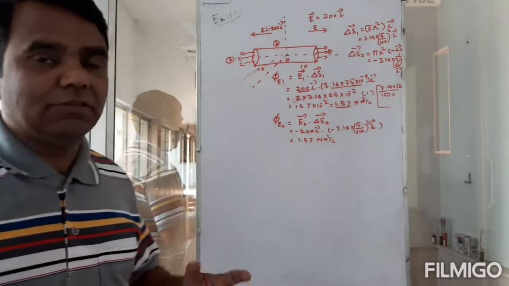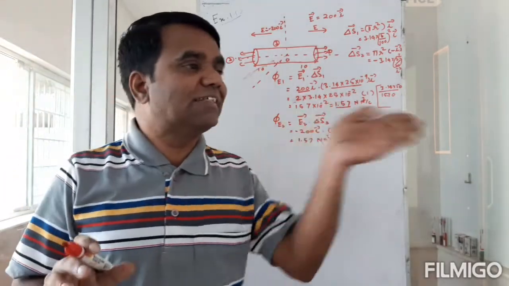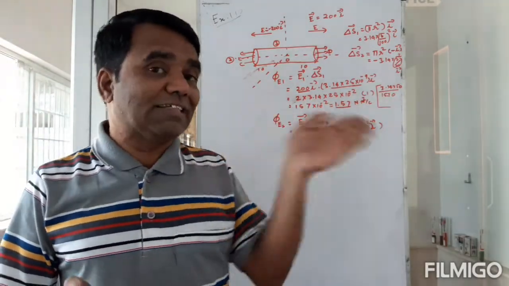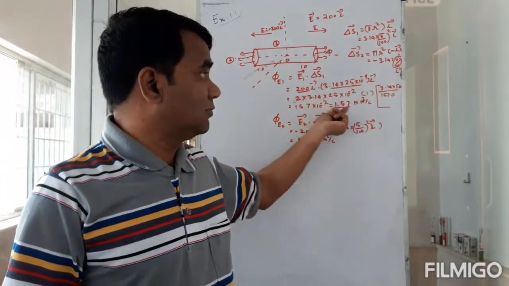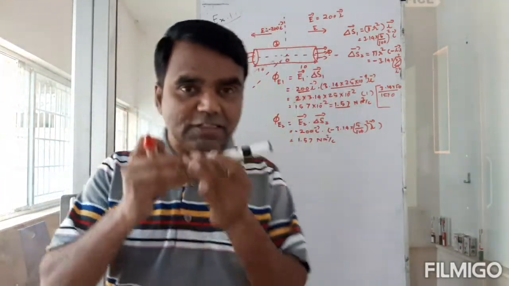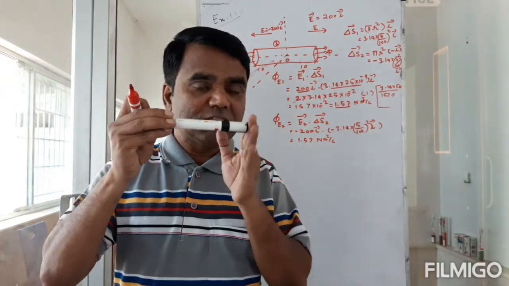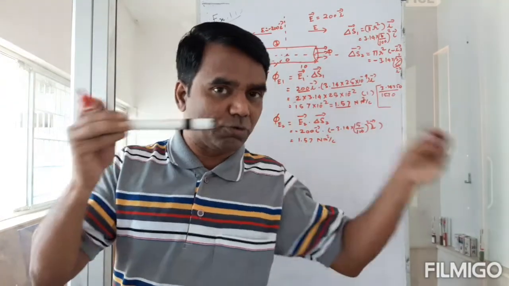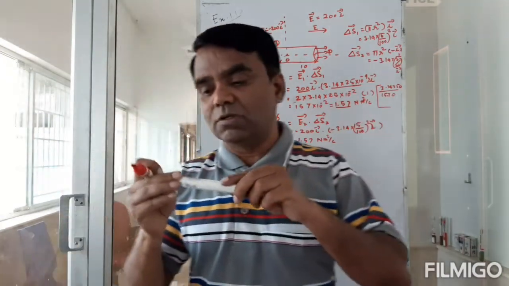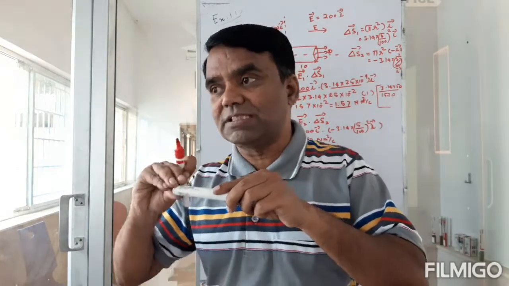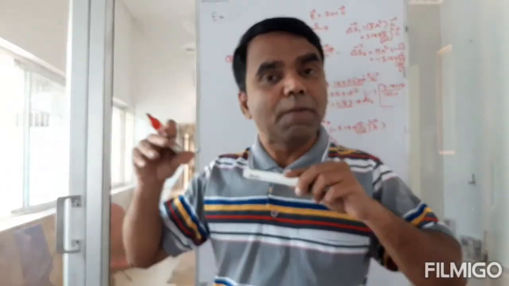See, it doesn't matter. What are you trying to figure out now? How much flux is coming out. If the flux is coming out, then it's a positive number. So on this surface, flux was coming out, so you get a positive number. And through this surface, flux was coming out, so you also get a positive number here.